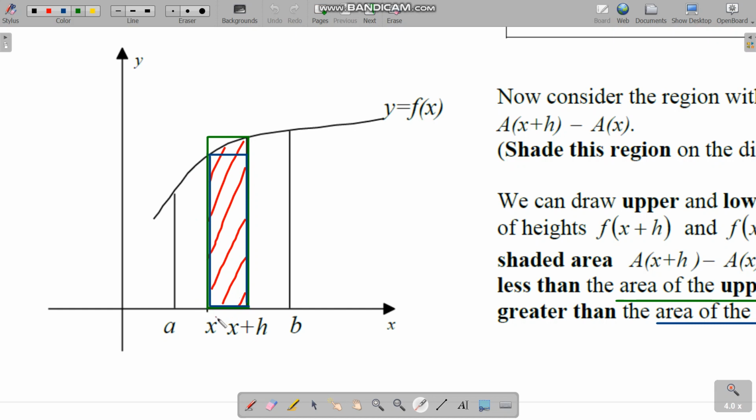So when the value of x is this x here, what is the y value? Well, it's this length, so we get this height of the blue rectangle. And f of x plus h means the value of y when the x value is x plus h. So when this is x plus h, we get this height, the height of the green rectangle.